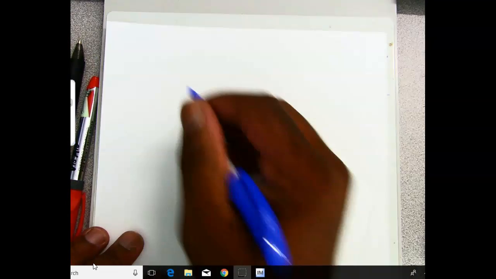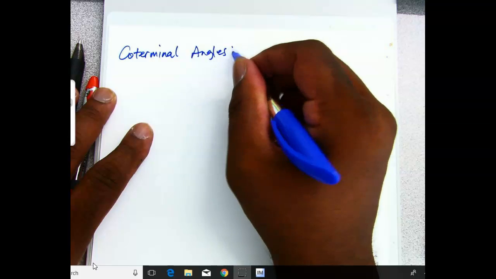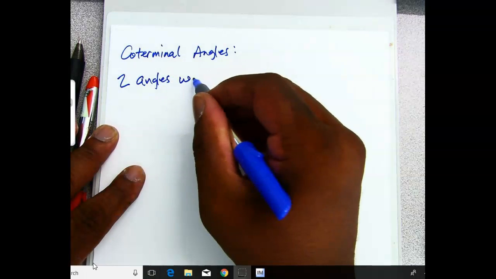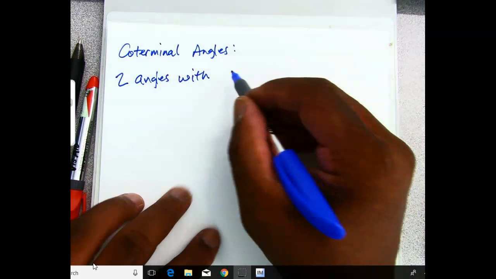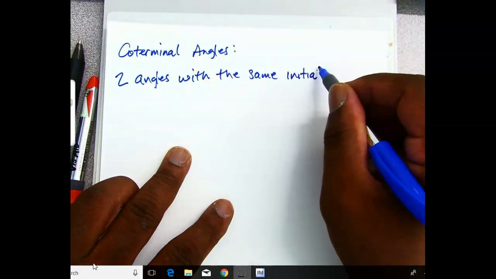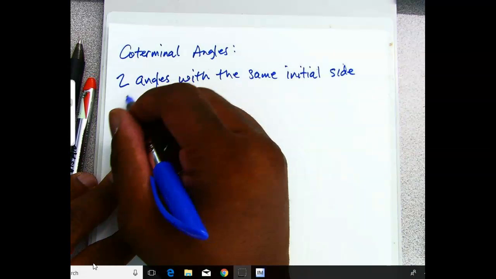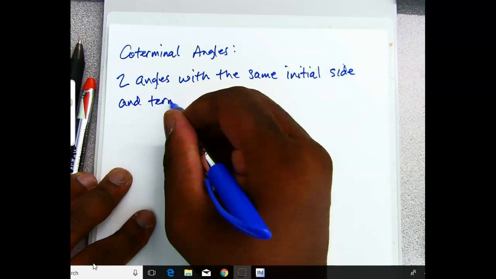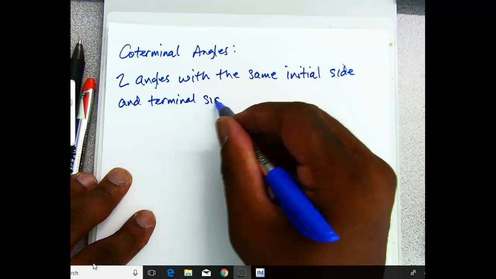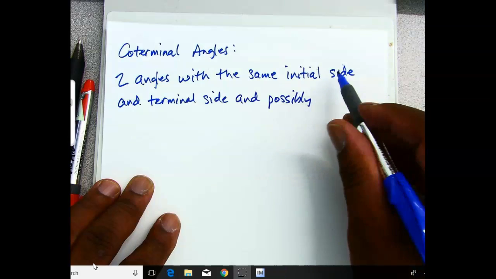All right, let's go ahead and get the official definition of coterminal angles. Coterminal angles: two angles with the same initial side and terminal side, and possibly different rotations.